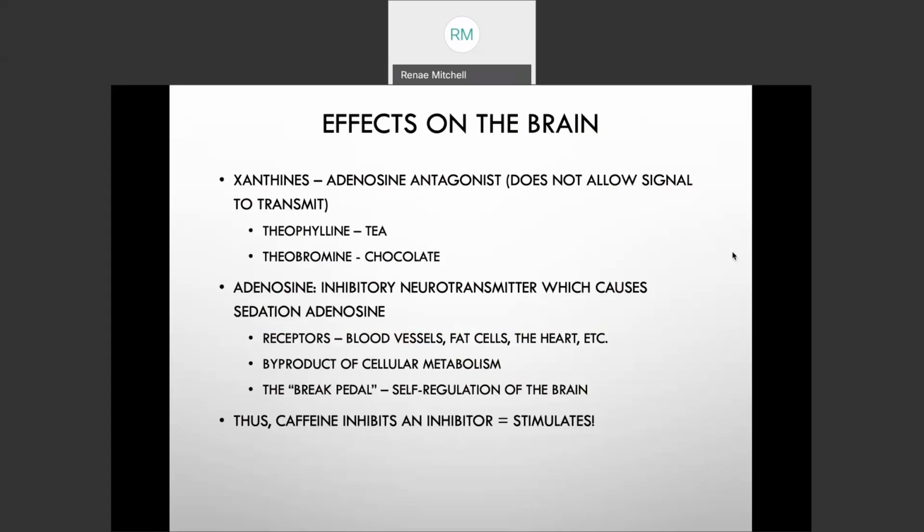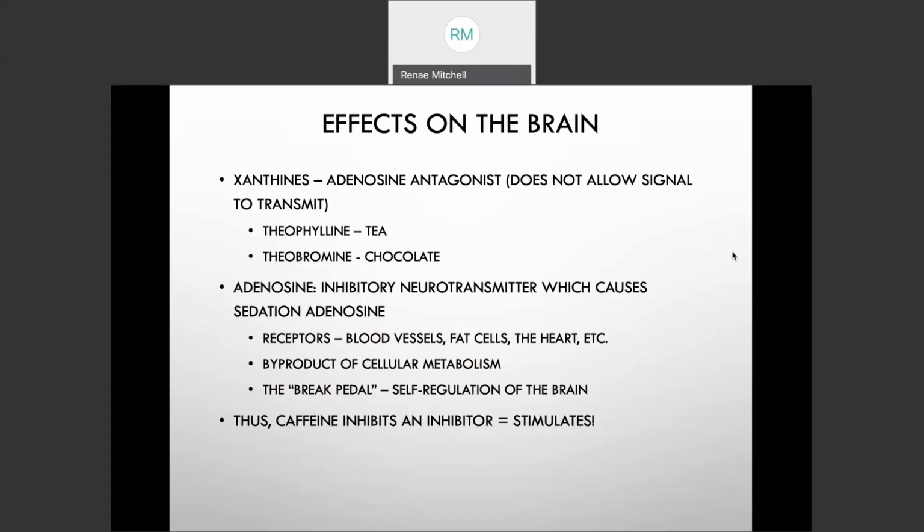Adenosine is an inhibitory neurotransmitter, so that means it causes a sedation response. And inhibitory means it slows things down. So adenosine in the body is, they call it, the brake pedal. It really regulates and slows down the firing of neurons in the brain.